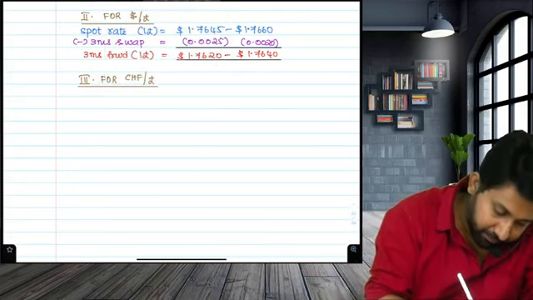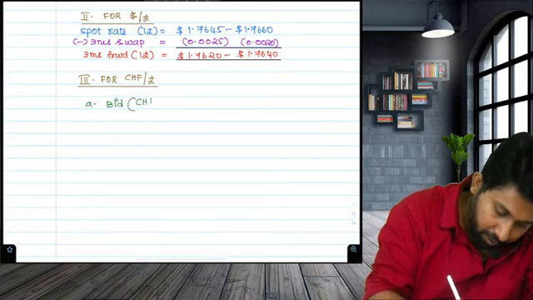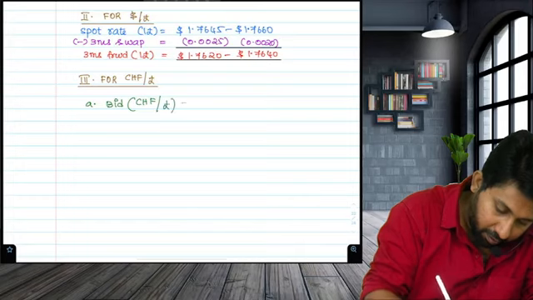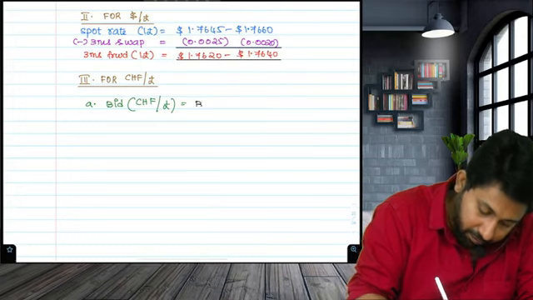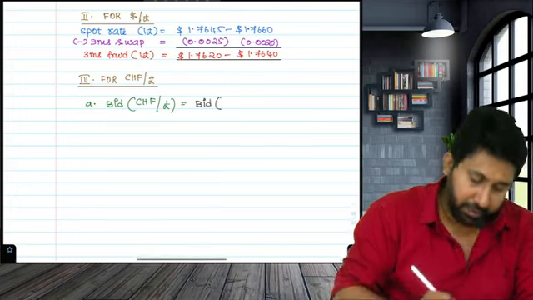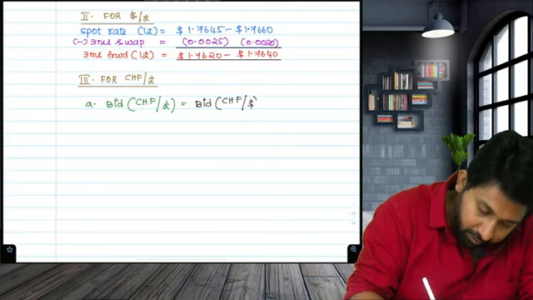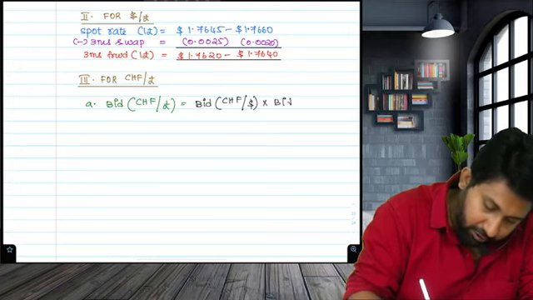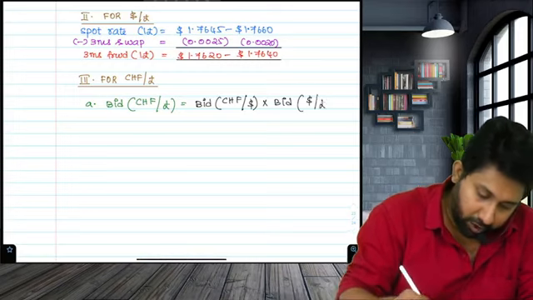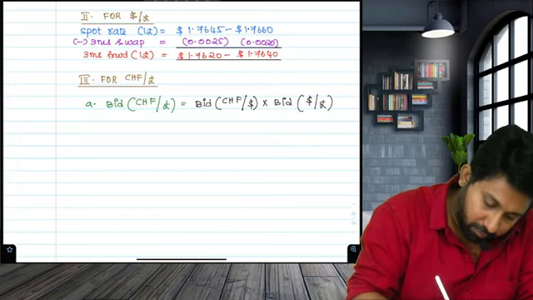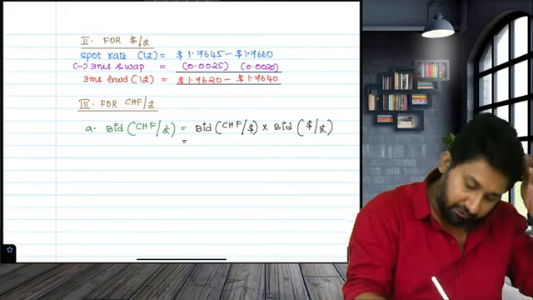First one: bid of CHF by pound equal to bid of CHF by dollar into bid of dollar by pound, which equal to, we want only the forward.